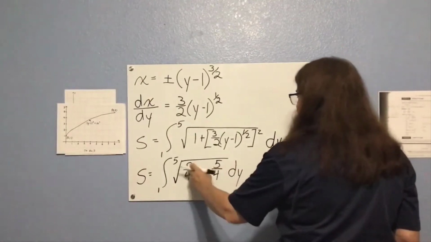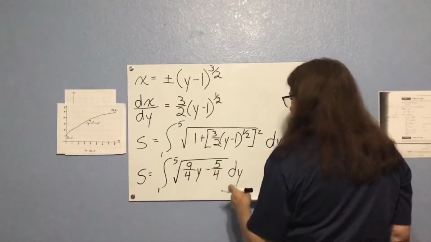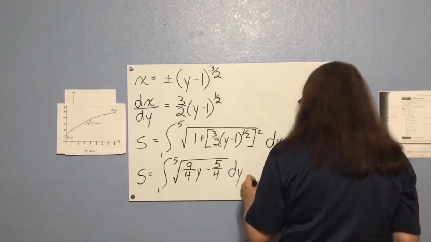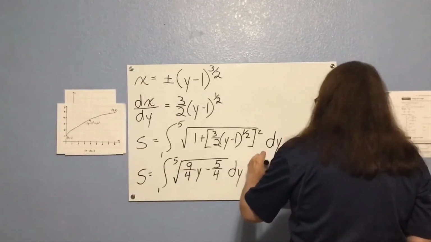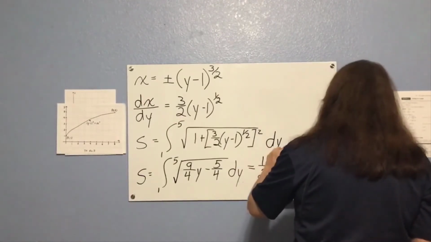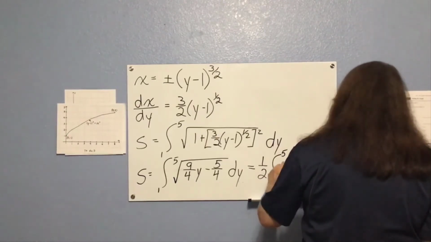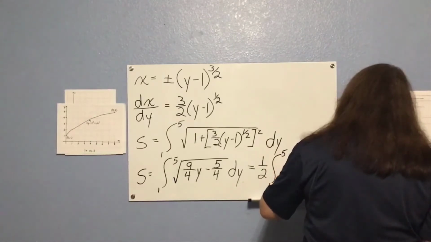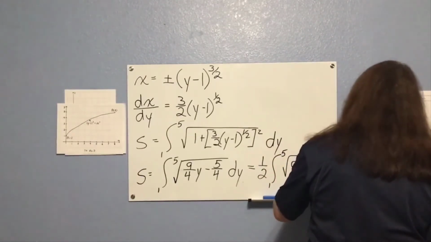Okay, I can take a 1/4 out of both of those, and the square root of 1/4 is 1/2. So now I've got 1/2 times the integral from 1 to 5 square root of 9y minus 5 dy.